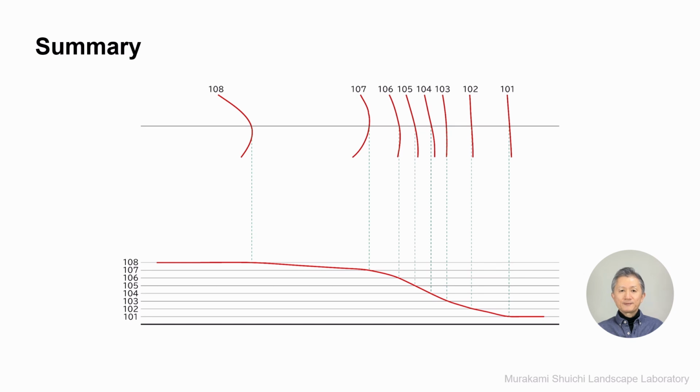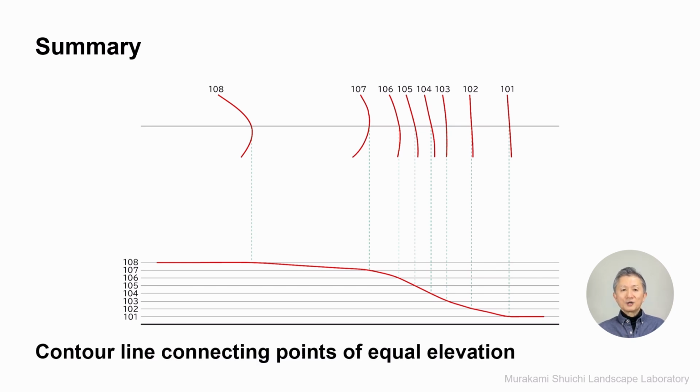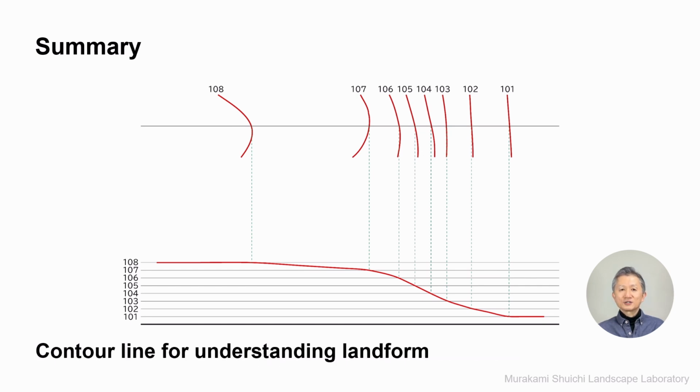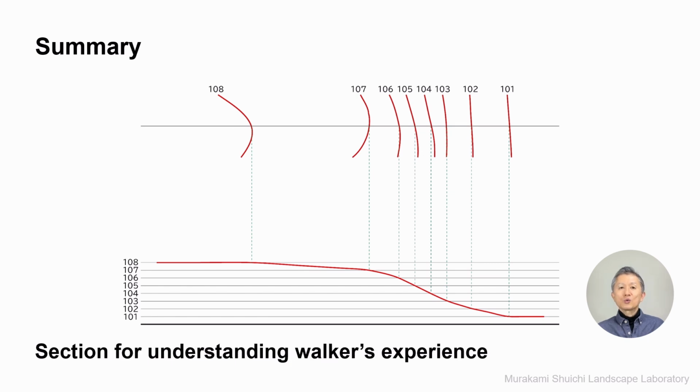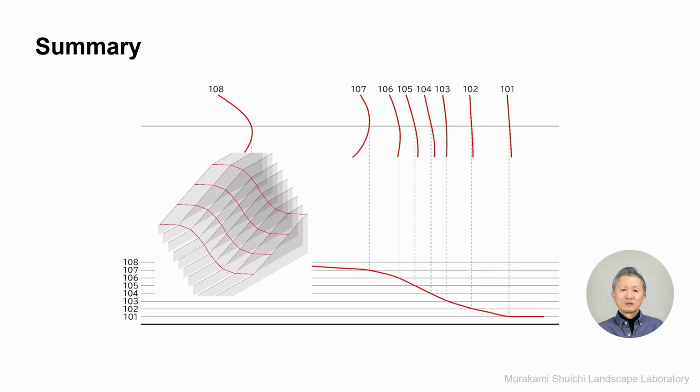Here is today's summary. Contour lines are drawn by connecting points of equal elevation. They are a fundamental tool for understanding landform. The experience of a person walking across a landform can be understood by drawing a section along that person's path of movement. Furthermore, a landform can be understood as an accumulation of countless sections imagined along possible paths of movement.